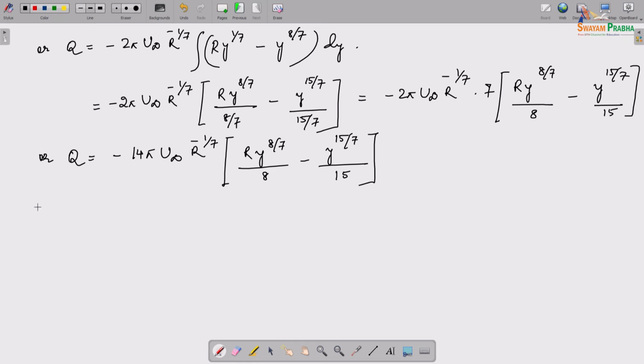Now, since the maximum y is equal to R, at y equal to R, what do we have?